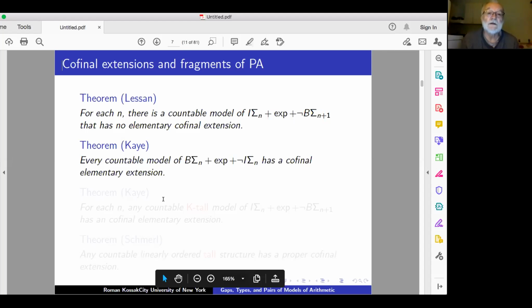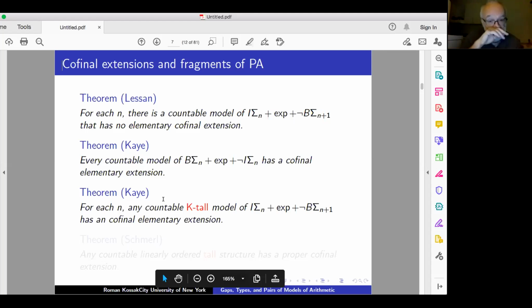It's dramatically different for collection and no induction. Every nonstandard model of B sigma n and not I sigma n has a proper cofinal elementary extension. And with regard to the first example, Kaye also looked at it and he proved that those special cases where you don't have cofinal elementary extensions are really special. Models are too small, but with a certain amount of saturation.